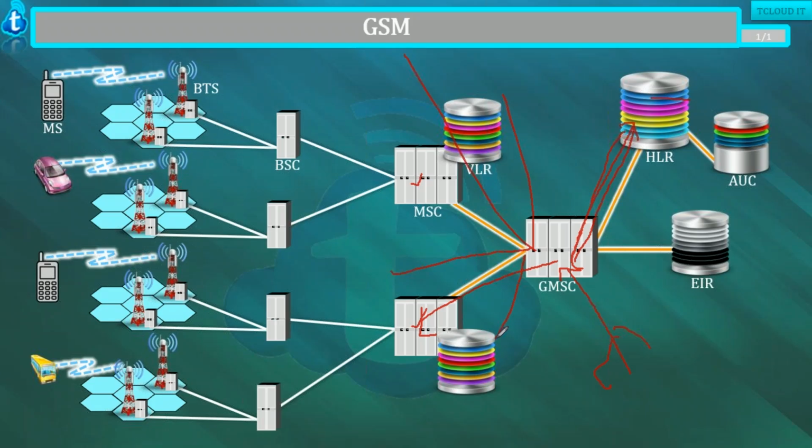Typically it is represented like this, saying that the GMSC is the one integrating all the databases of a network and keeping them together. It means that however many MSCs are under one GMSC, all the subscriber details would typically be present under this HLR, authentication center and EIR, as long as the users are this particular operator's users.